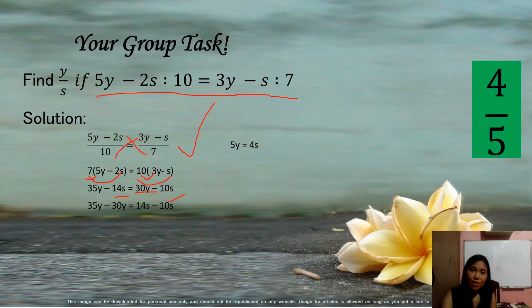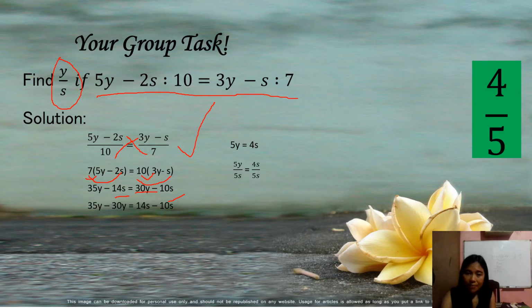Now, since we're going to solve for y over s, the example given in the presentation earlier is solving for y. But since we're going to find y over s, we can simply divide both sides by 5s. Why?